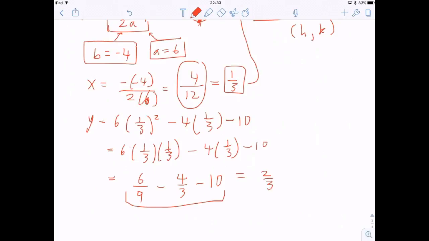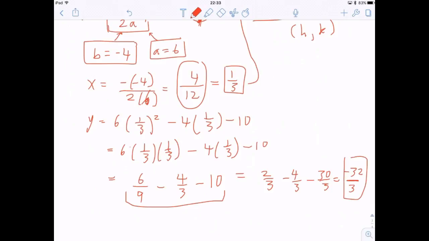Maybe you'll have the calculator available to you. But if you're doing it by hand, this is how you're going to do it. And if you don't know how to do this yet, then we got some vacation work to do. 2 minus 4 is -2, -32. So that's the y-coordinate.